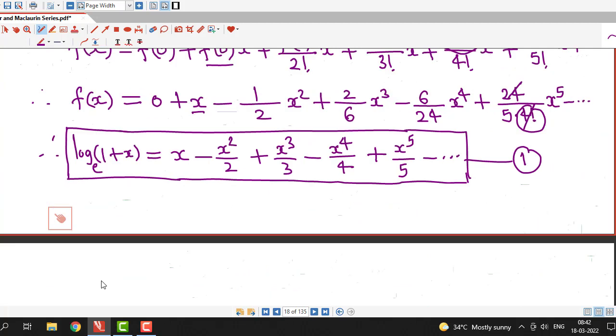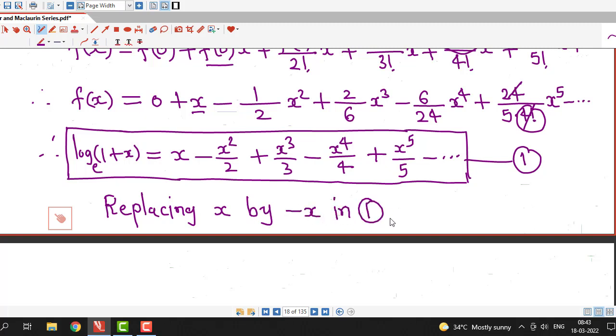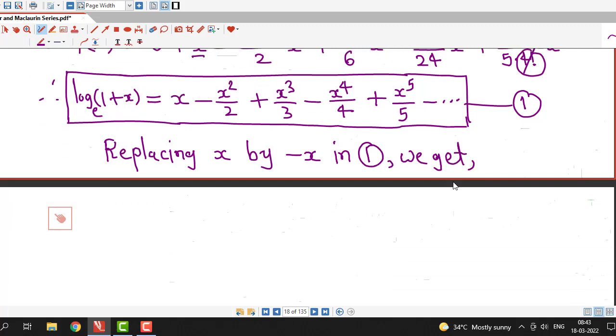So in the next step we write down the Maclaurin series of log 1 minus x. For that we replace x by minus x in this series 1, and we get the Maclaurin series of log of 1 minus x.